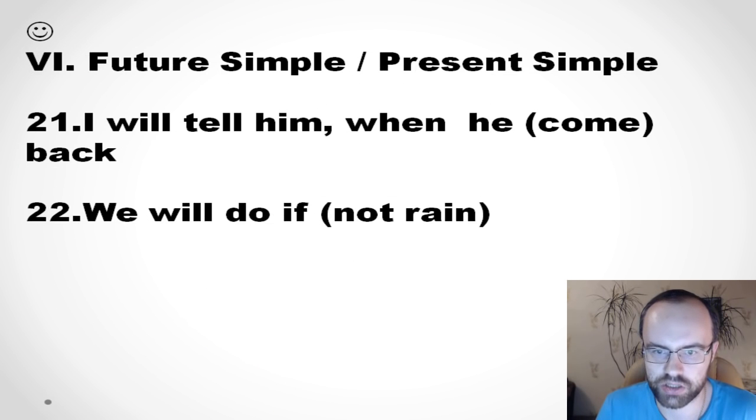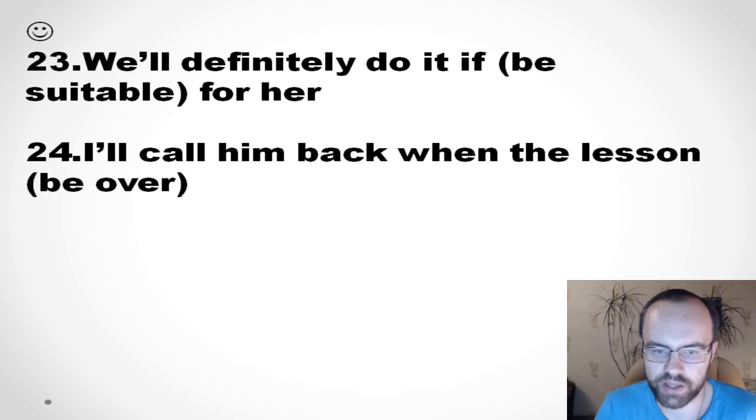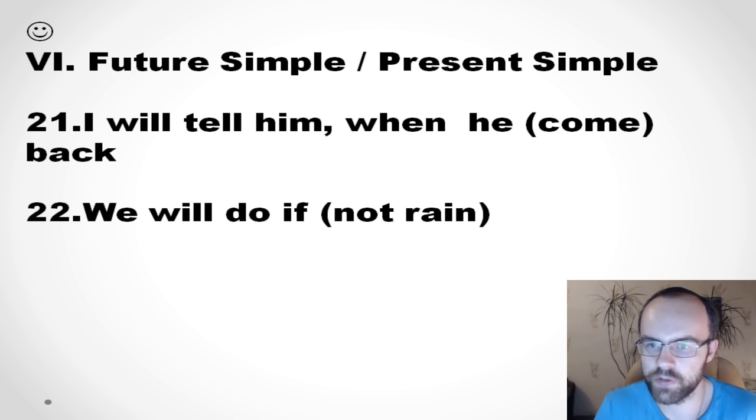So the next section, future simple and present simple. Okay, so you may think, yeah, it's very easy, so why should we talk about it? Believe me, my friends, it isn't so easy. And so there are 4 sentences in this section, so 21, 22, 23 and 24. And if you don't make any mistakes in these sentences, I will clap my hands.